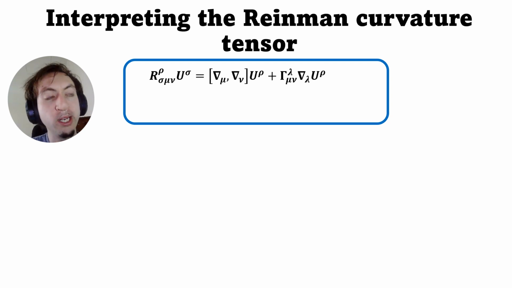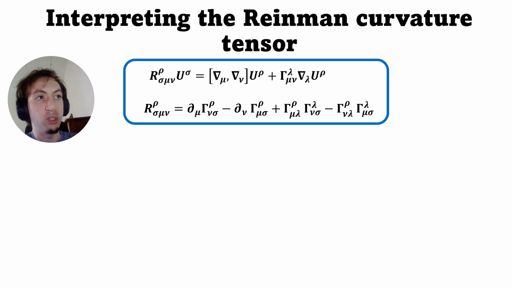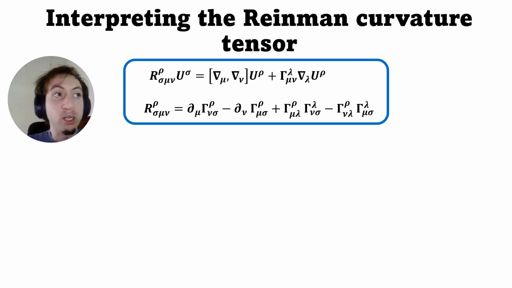Then we replace our covariant derivatives with partial derivatives and Christoffel symbols, and we make use of symmetries of products of partial derivatives and also symmetries of Christoffel symbols, and then we end up with this equation for the Riemann curvature tensor. I'm not going through the derivation from the top to the bottom line because it is literally just inserting things into the top line and then using symmetries, which we have talked about in depth in this playlist.